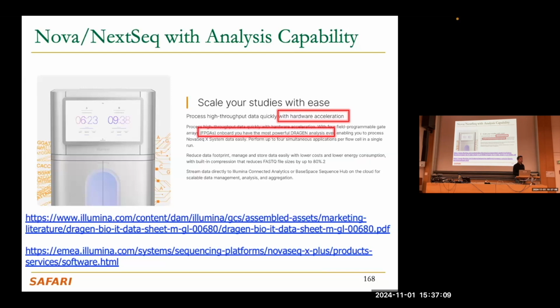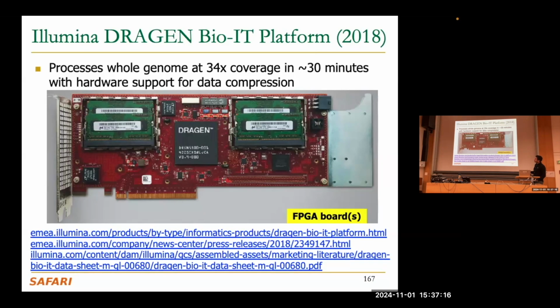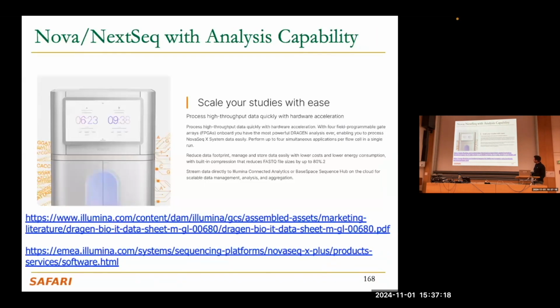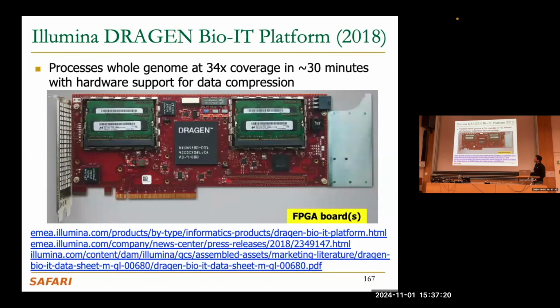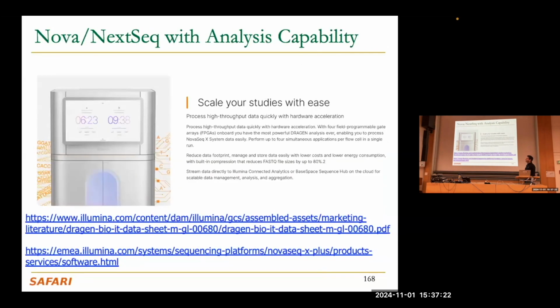So biotech companies are already realizing the importance of this. This platform is Dragon, and I was lazy enough not to update this slide, but there has been a recent publication related to this a few days ago in Nature. There is actually further improvement.